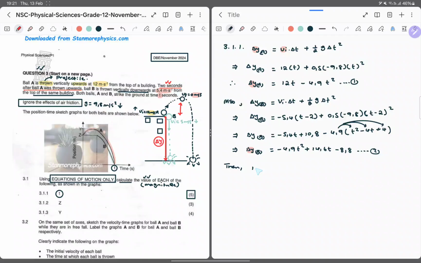So we've got 12T minus 4.9 T squared is equal to minus 4.9 T squared plus 14.6T minus 8.8. Why? Because we know that equation 1 is equal to equation 2.